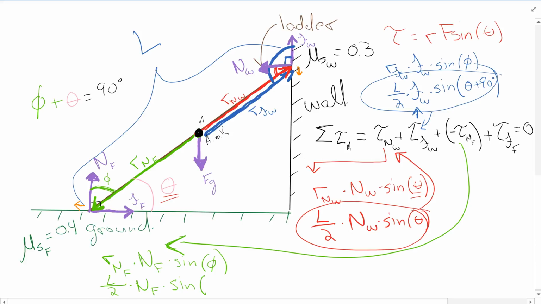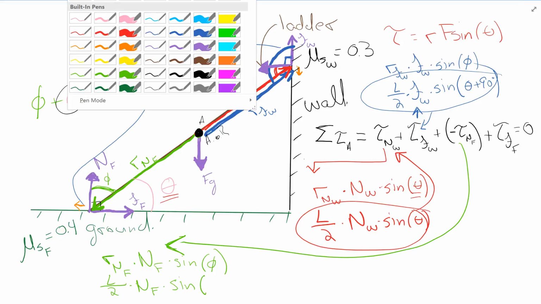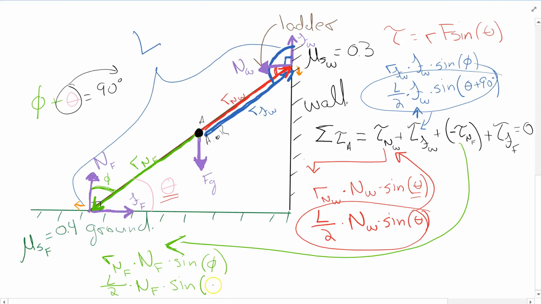What that means is I could redescribe the angle phi, which is the angle between my force vector and my lever arm, in terms of theta and a constant, my constant number 90, which is good. All I would need to do is subtract theta from here, move it to the other side, and that would end up giving me 90 degrees minus theta.